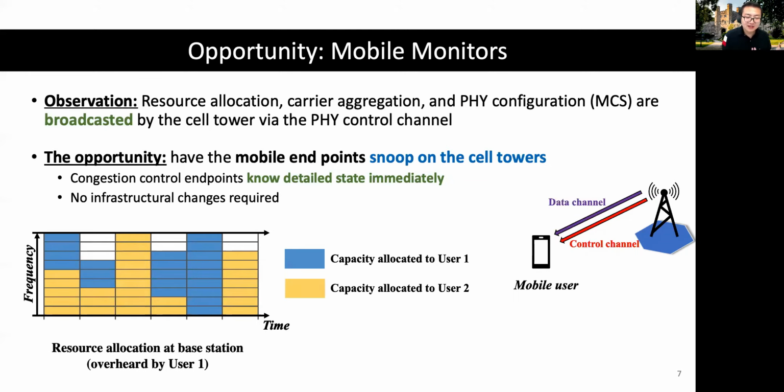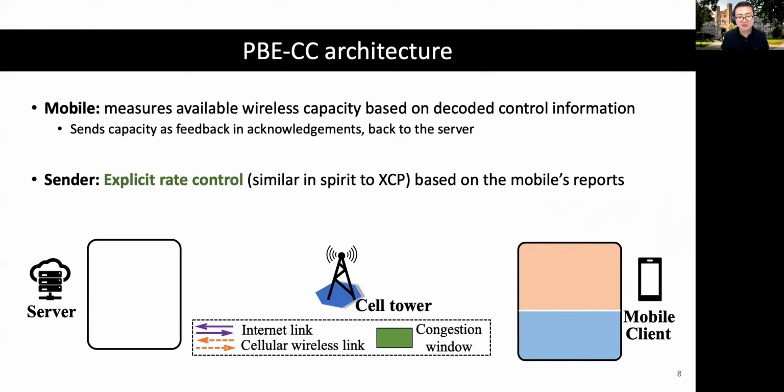Therefore, we observed such an opportunity that if we enable the mobile endpoint to snoop on the cell tower, the endpoint can immediately know the detailed congestion states without any infrastructural changes required. So based on our observation, we propose PBE.